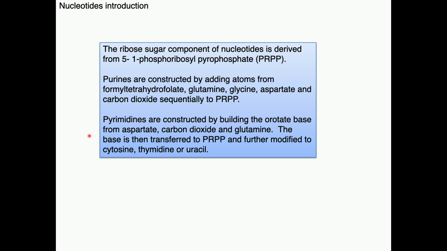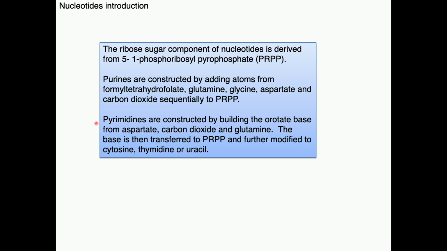The basics of the biosynthesis of the nucleotides are, conceptually, that the purines, adenine and guanine, are built on the ribose sugar part of the nucleotide, atom by atom. It starts with aspartate and you build the base right on the ribose sugar.